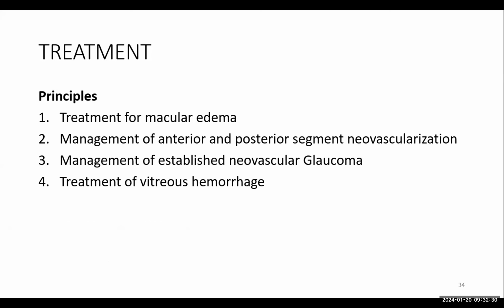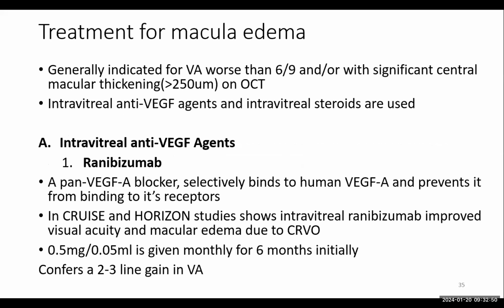So you want to identify all these complications and manage them as such. If there's a macular edema, you want to treat it. If there's neovascularization in the anterior and posterior segment, you want to address that. And if there's established neovascular glaucoma, and then vitreous hemorrhage.